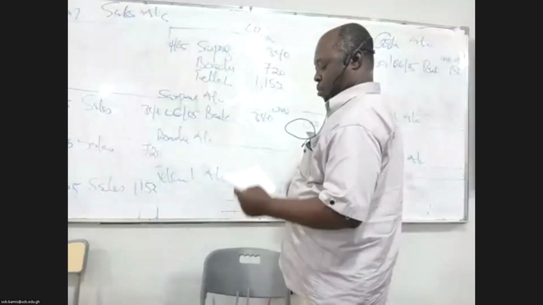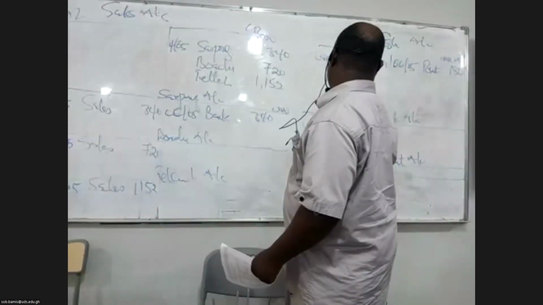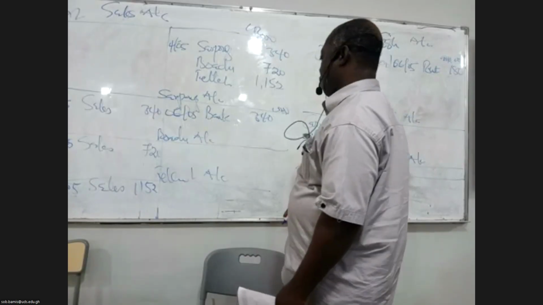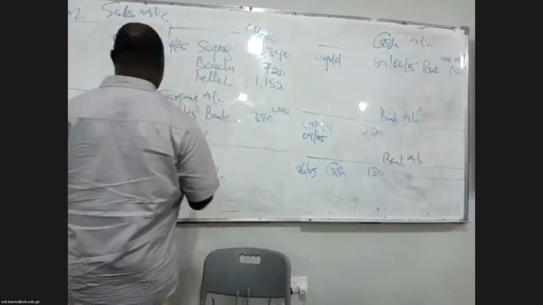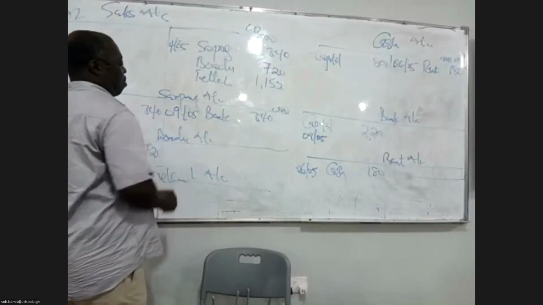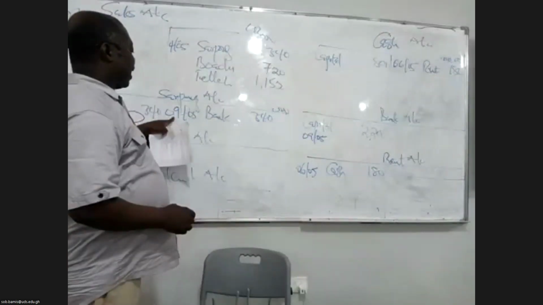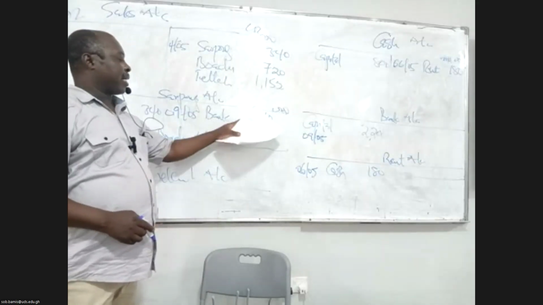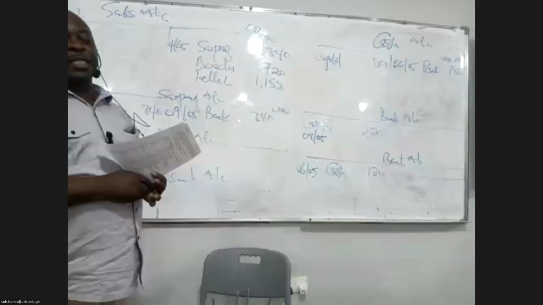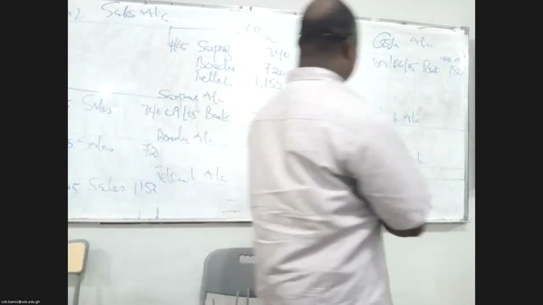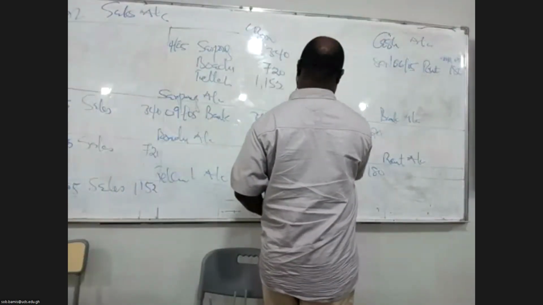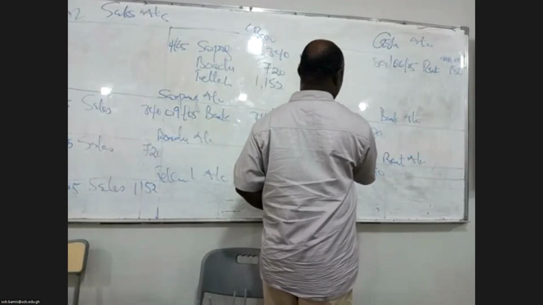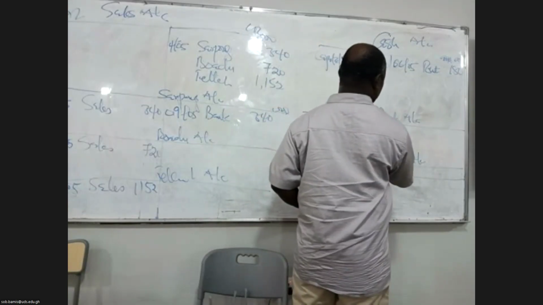On the 9th, Sapon's account with 340, and debit our bank in the name of Sapon on the 9th. How much? 340.